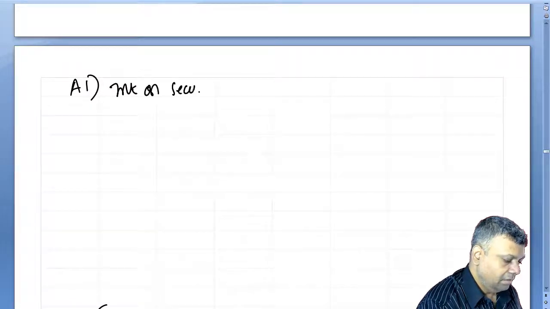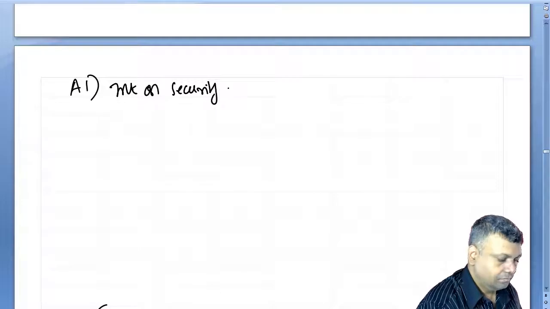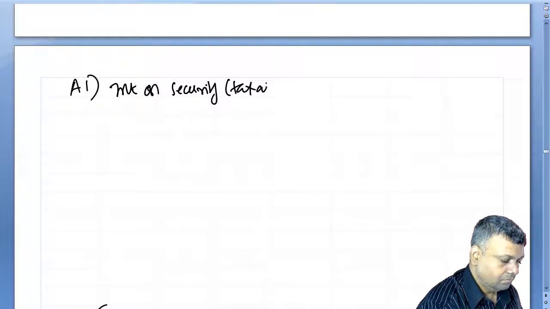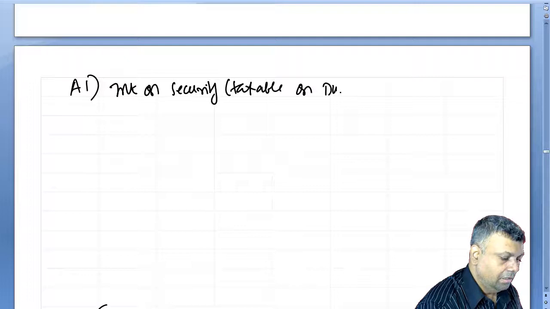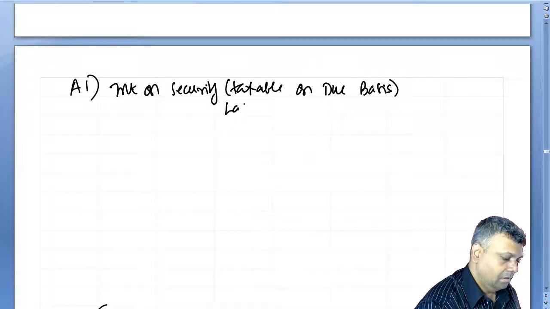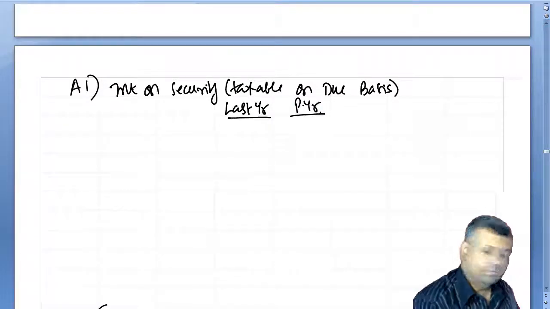Interest on security is taxable on the due basis. So last year and the previous year.